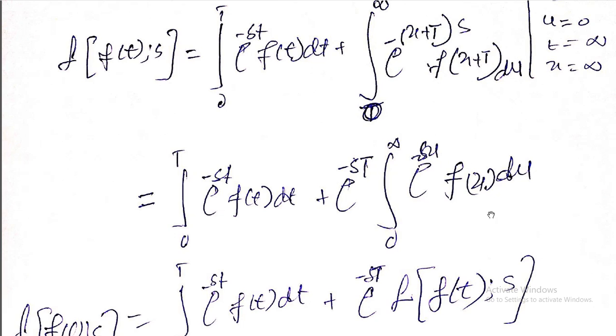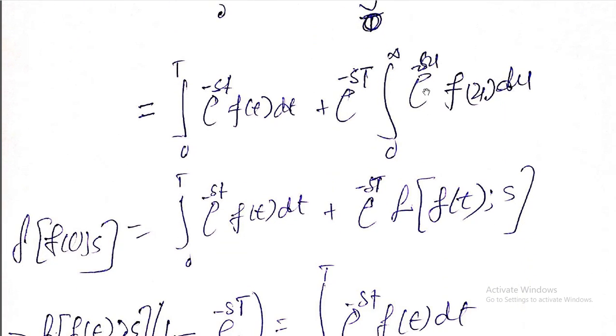If you look clearly, this is the Laplace transform definition: 0 to infinity e power minus su f(u) du, which is the same as the integral of e power minus st f(t) dt. Just replace u by t, because u is a dummy variable, so we can write e power minus st f(t) dt, because du and dt are the same.